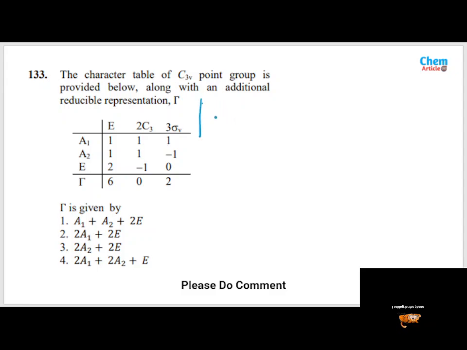We know the orthogonality theorem: n of a1 equals 1 by the order h, times the sum of the number of operations, times the character, times the reducible representation character. Here n is the number of times an irreducible representation appears.